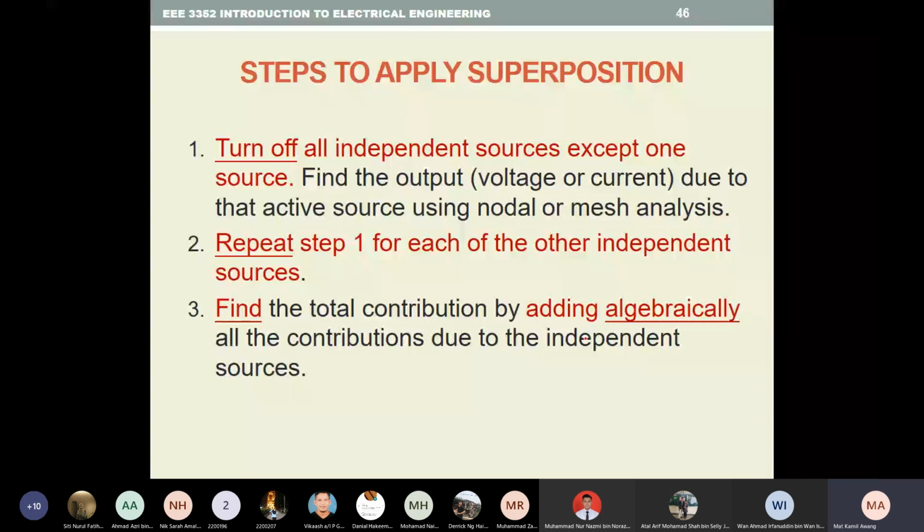So the steps to apply superposition: first turn off the independent sources except the one that you want to analyze. Then you use nodal or mesh analysis to solve your problem. Then after that, you turn off that source and change to another source. Then you repeat doing the mesh or nodal analysis. Finally, you add the contribution of each source.